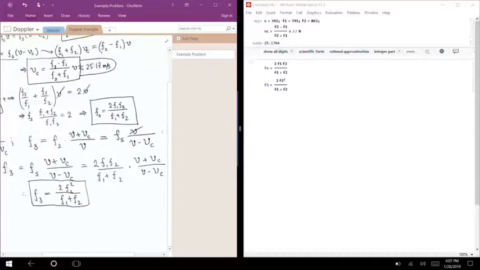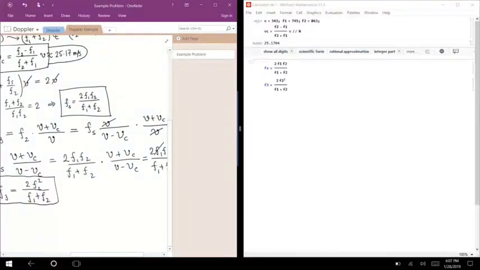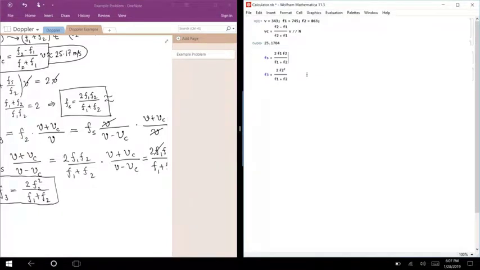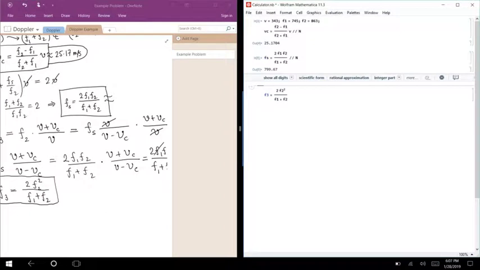The second part of the problem is the frequency of the car horn. Again, we can work that out, making sure that this time we get an answer in terms of decimal digits. We get that this is 799.67.